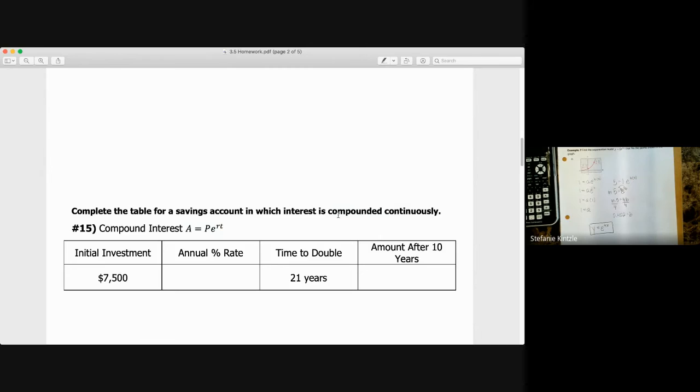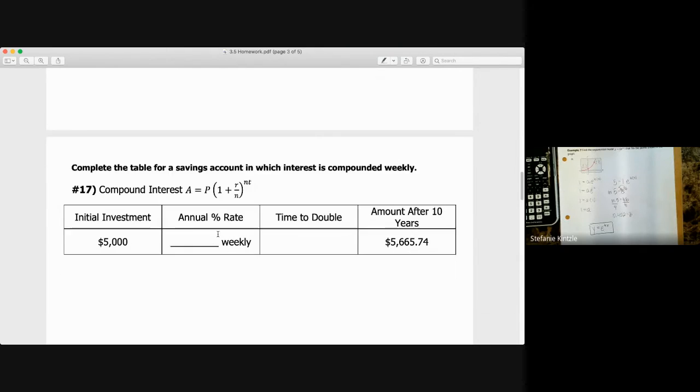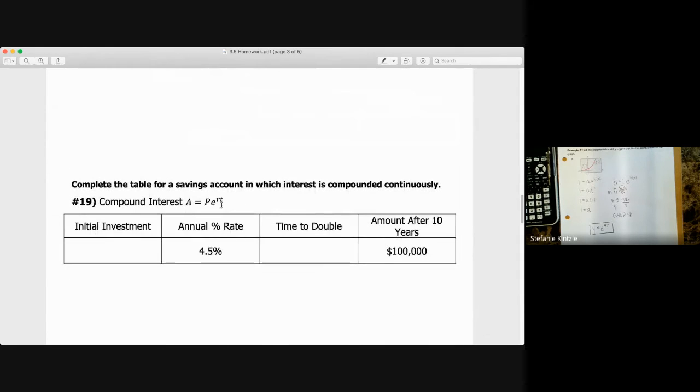So this is continuous compounding. It's the same process as what we did in the notes. And for number 17, I think you already have this equation there, so that one should be good. But for number 18, again, I want you to change this to compounding continuously. So cross out the equation that's there and put A equals P e to the RT power.